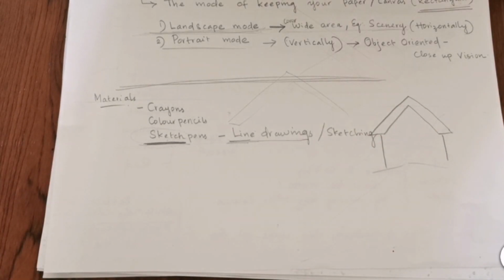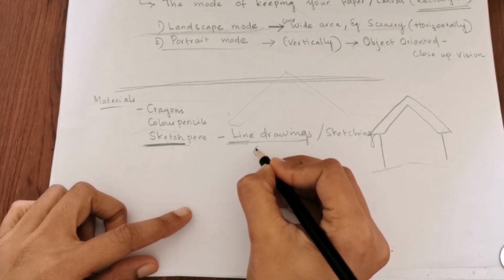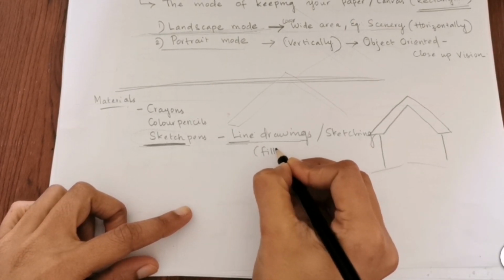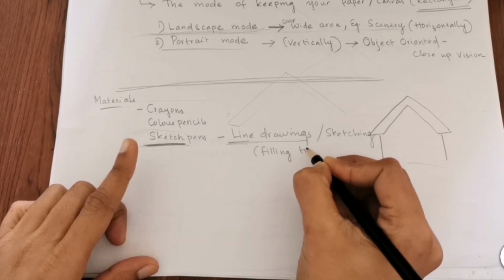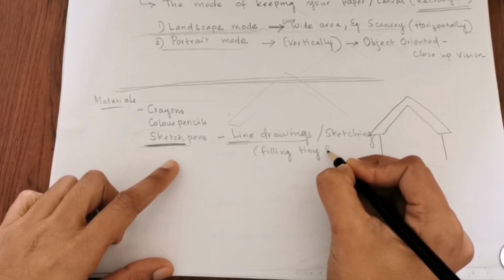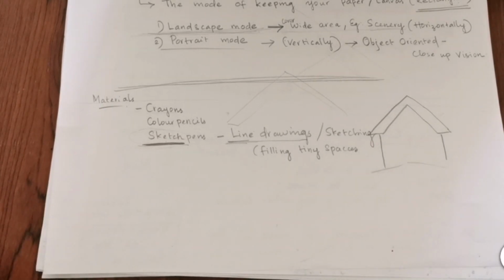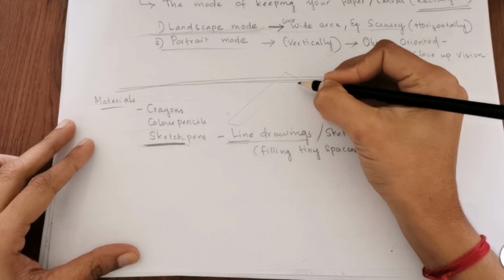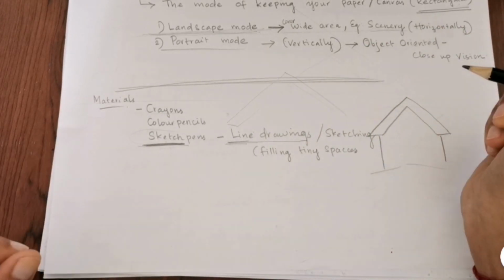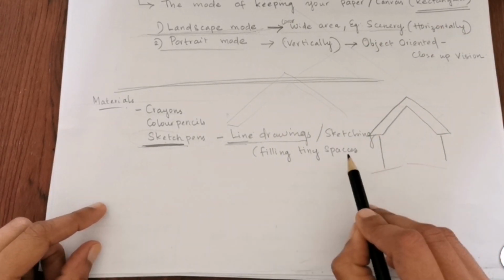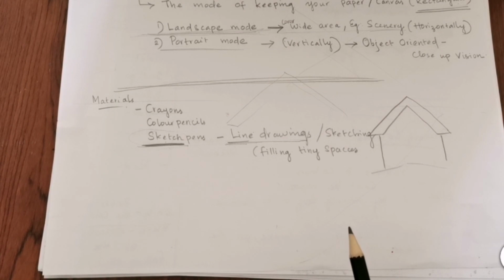You can note down the details about the sketch pen material. It can also be used for filling tiny areas, tiny spaces in your art, like if you remember our Madhubani, the tiny circles and the crown of Ganesha. This kind of tiny space we can fill with the sketch pen.